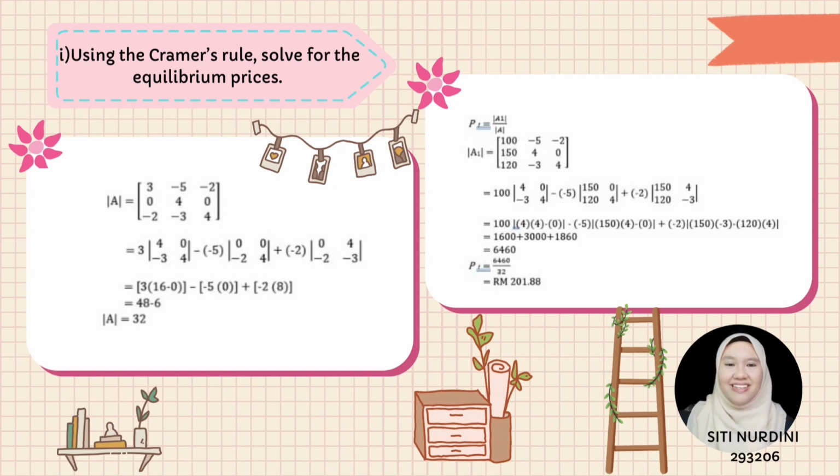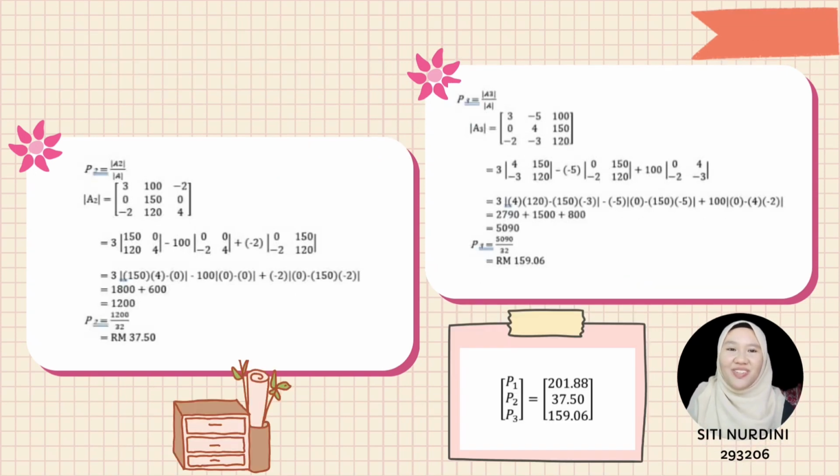For P1, we get 6400 divided by 32, and get 200.88. For determinant 2, we take the second column and get 1200 to get price 2. 1200 divided by 32 gets 37 ringgit 50 cent.